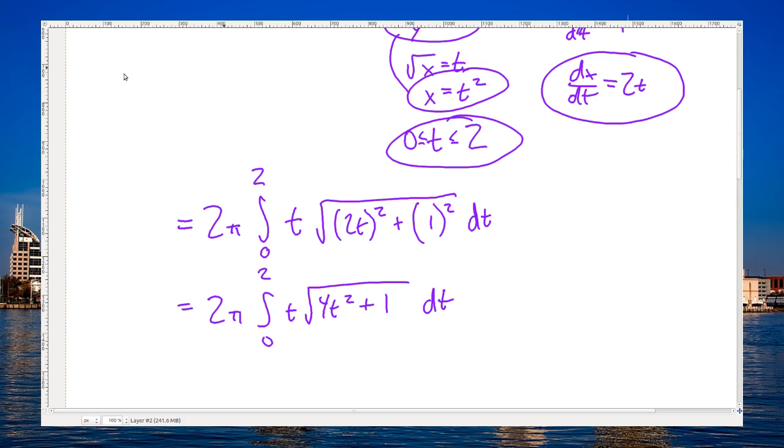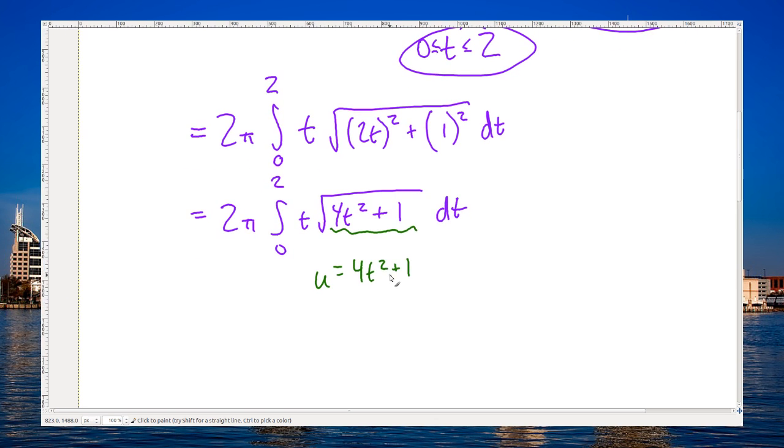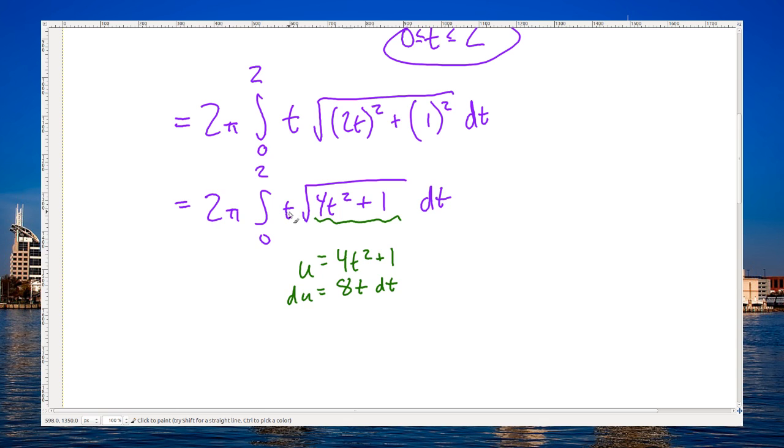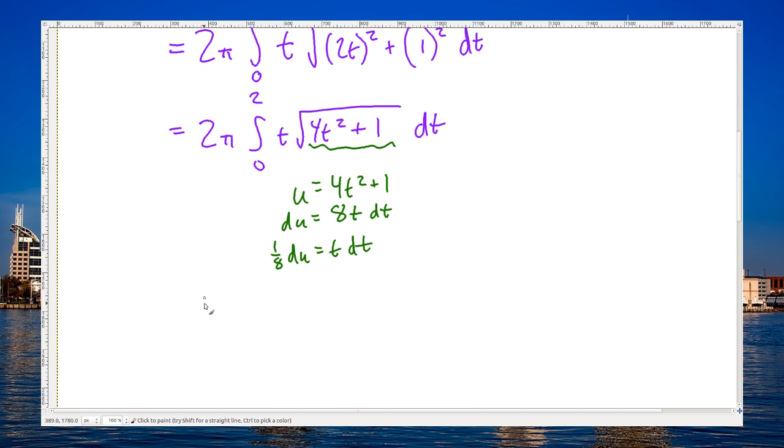Now to move forward here, I'm going to want to use a substitution. I have this gross thing underneath the square root. I could try trig substitution, but I think that with the t on the outside, it'll be easier to let u equal 4t squared plus 1. So I get a du of 8t dt. And I just have a t dt up here, so 1/8 du is t dt. And so we can plug everything in.